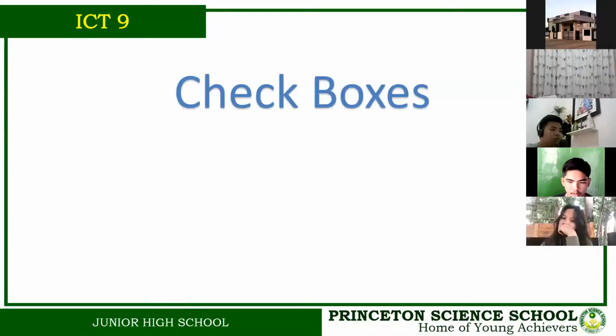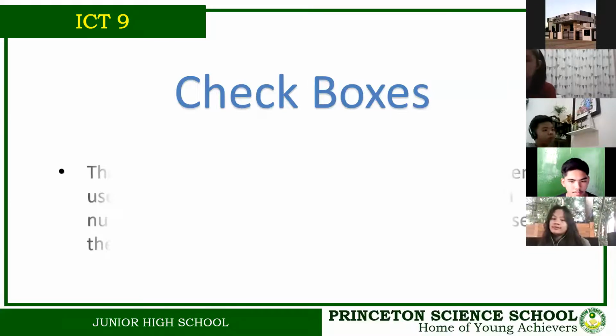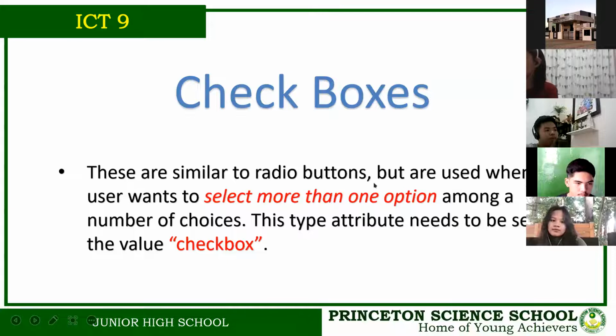Okay, next one we have is check boxes. So what are check boxes? Check boxes are similar to radio buttons, but are used when the user wants to select more than one option among the number of choices. This type attribute needs to be set to the value checkbox. So this one is pretty much similar to the radio buttons on how we are applying it.